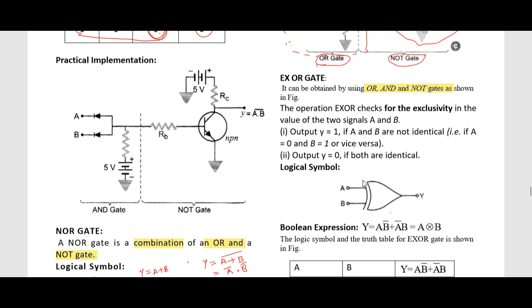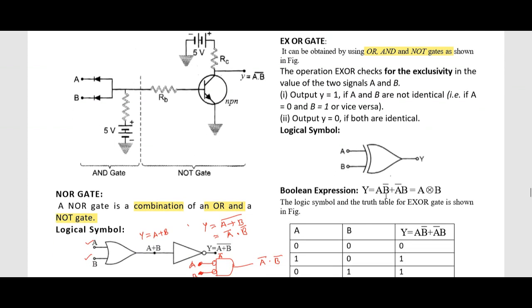Note this symbol of exclusive OR. This is simply an OR gate and this is the exclusive line, an additional line to the OR gate which makes it exclusive OR. This is the mathematical symbol: Y is equal to A B bar plus A bar B. This is its mathematical symbol.